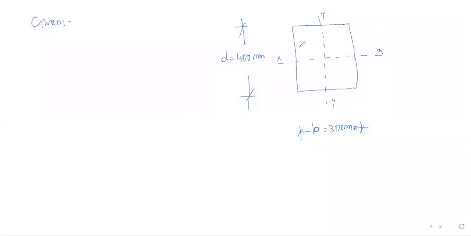Now the load P is given as 360 kilonewton, acting at quarter length from the corner. If I take the corners as A, B, C and D and the center as O, now I have to calculate what is the EX value and what is the EY value.